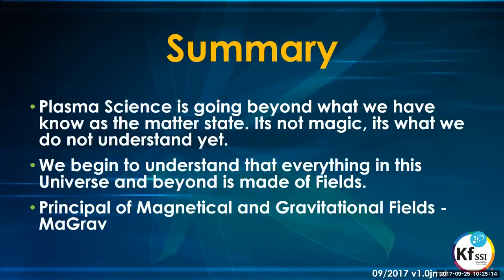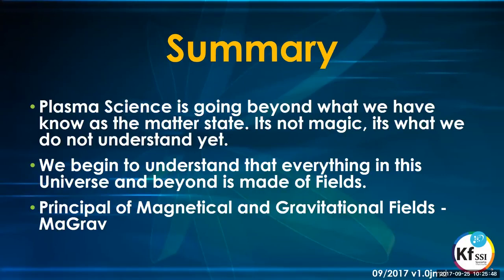So we're taking the matter state and, through various processes from the nano, we end up creating GaNs, and we essentially get to start using the fields, which is the essence of the matter state. It's not magic, it's just something that we have yet to understand. It's always been there, but we have never understood it. So now we are just able to understand further from what we've always known in science.